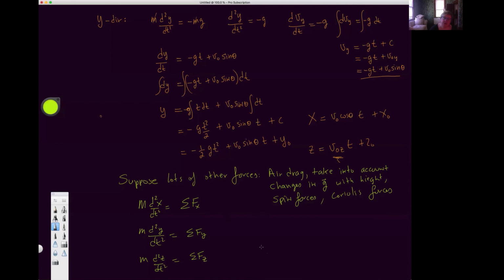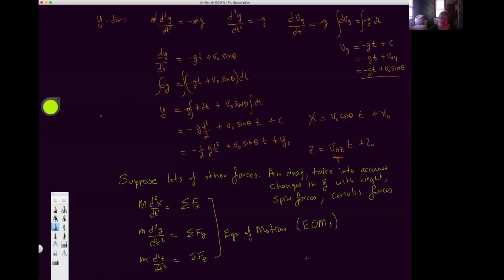But once you get to the point where you have a differential equation to solve, you can either crank through it on paper like we just did. Most of the time, if you have complicated forces, that's not going to be possible. So in general, what you do is stick it into a computer and numerically integrate to solve the differential equation. These are called the equations of motion, or EOM.